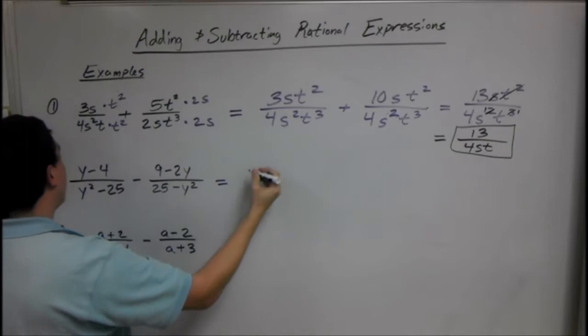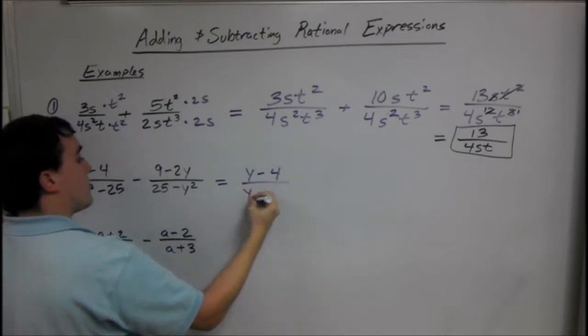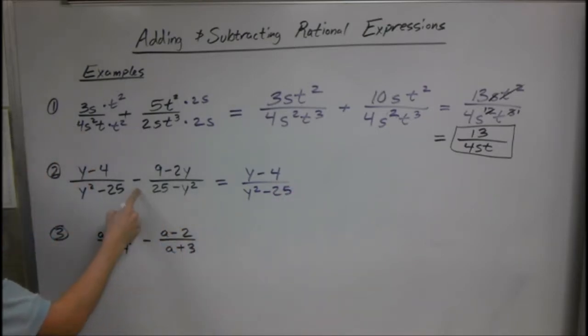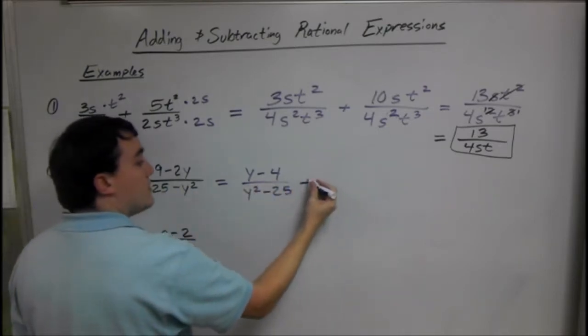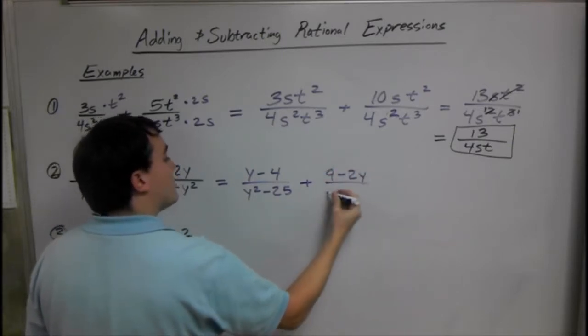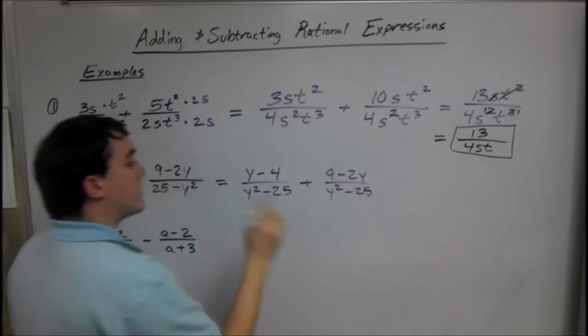First step. Keep everything else the same, y minus 4 over y squared minus 25. If you flip these and change the sign, that's going to become a plus 9 minus 2y over y squared minus 25. Then we can add like terms.